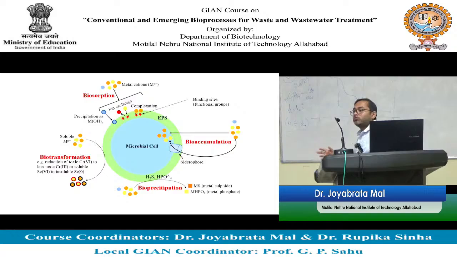Suppose you are working with chromium. It's not that the microbes are resistant to chromium; it is toxic, but depending on what kind of microbe you are using, their tolerance may vary. One microbe may be affected at 1 milligram per liter of chromium, while another can survive even at 50 milligrams per liter.